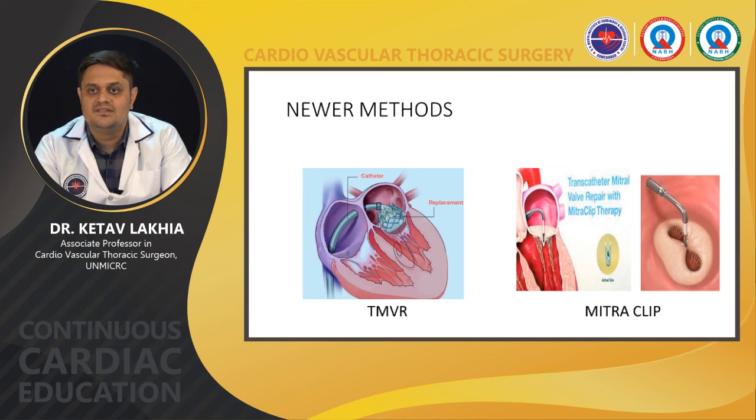Here a clip is inserted in the middle of the valve, so that it leads to apposition of the leaflets. This procedure can also be performed transcatheterally. Patients who have pure mitral regurgitation and who are high risk for surgery can be operated via this method.